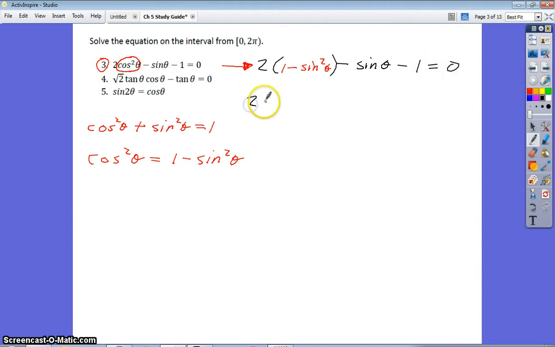So let's go ahead and distribute in that 2, and then we'll combine some like terms.